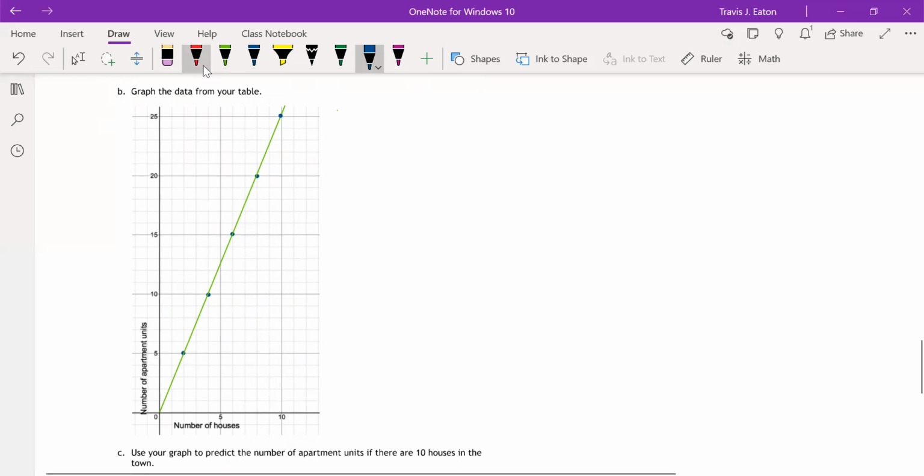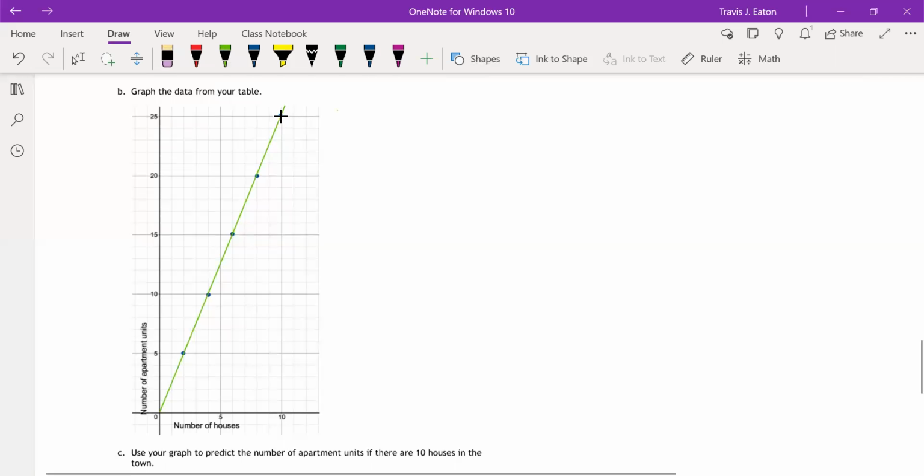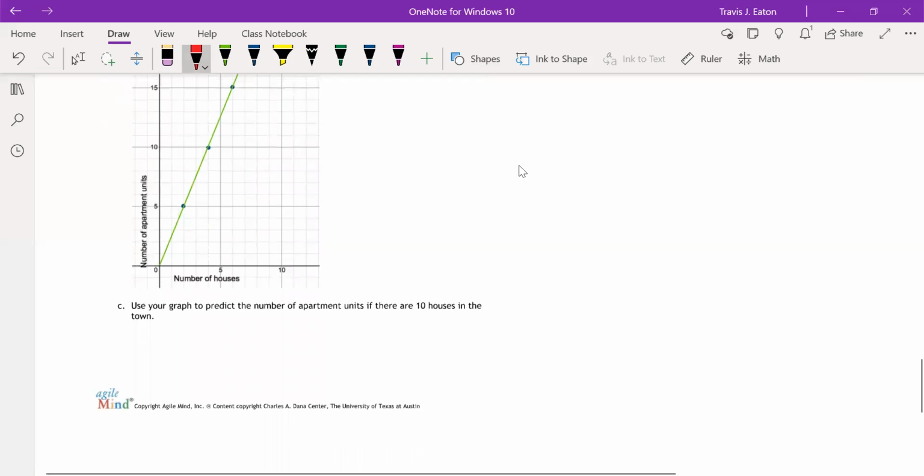And I would go from here over to this and go, oh, look, if I had 10 houses, I would have 25 apartment units. Very nice. 25 apartment units if I had 10 houses.